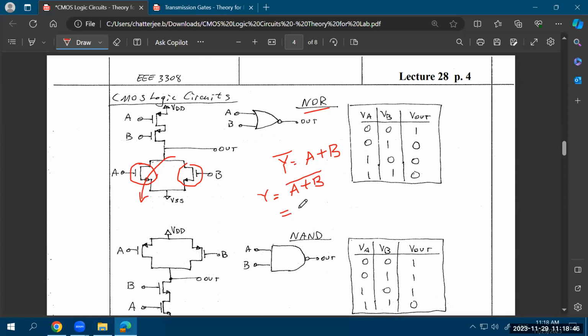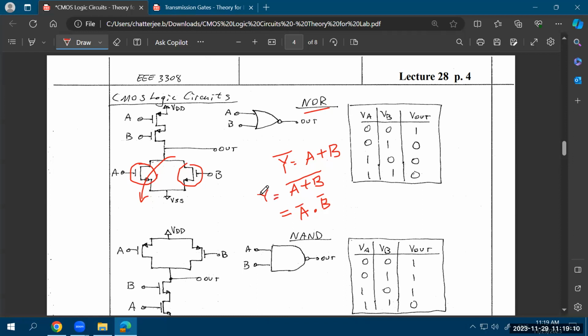Now, I guess most of you know a law called De Morgan's law, and you can prove the De Morgan's law from the truth table, that if you have (A plus B) whole bar, that is equal to A bar and B bar. So (A or B) whole bar is equal to A bar ANDed with B bar. So that's De Morgan's law, and you can prove that from the truth table. I'll leave that as an exercise.